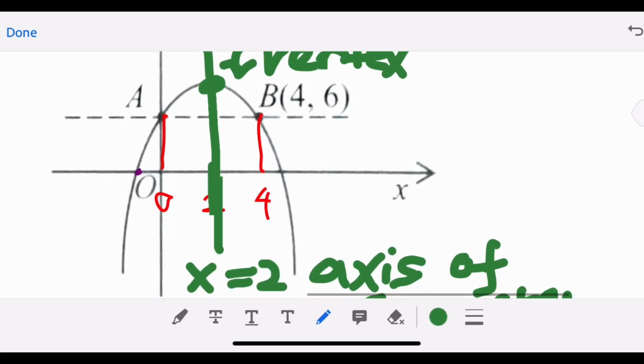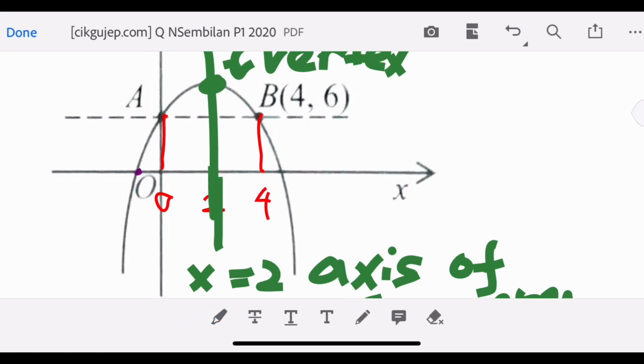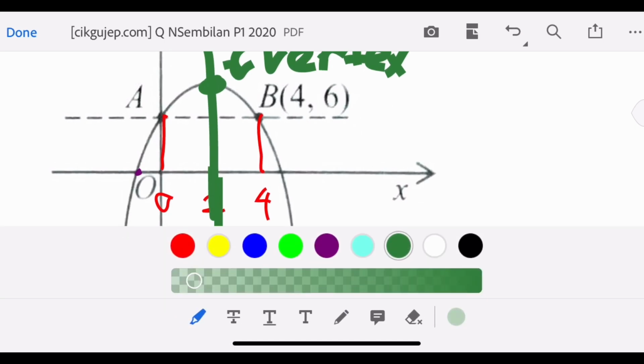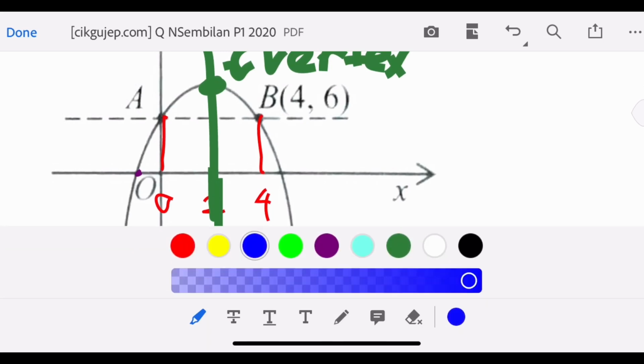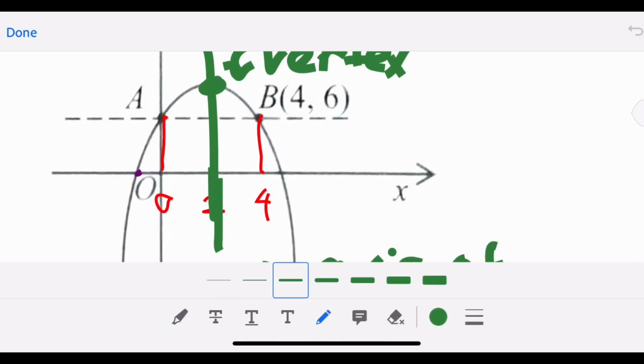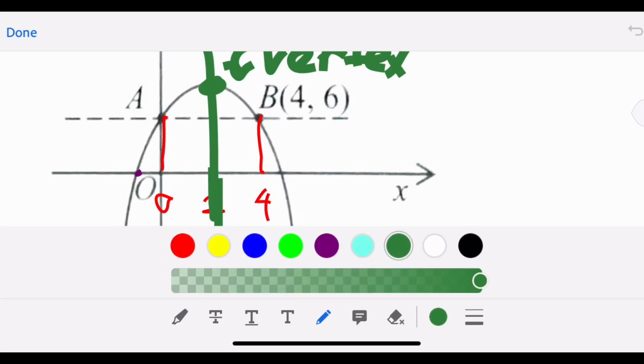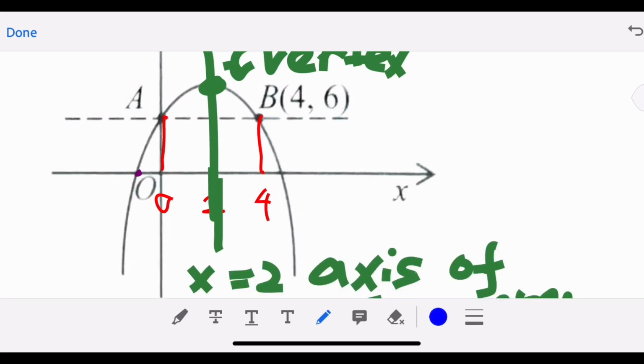It must always happen at the midpoint, and it must pass through the maximum point if the quadratic function has a negative a. So when a is negative, it's always n-shaped, right?